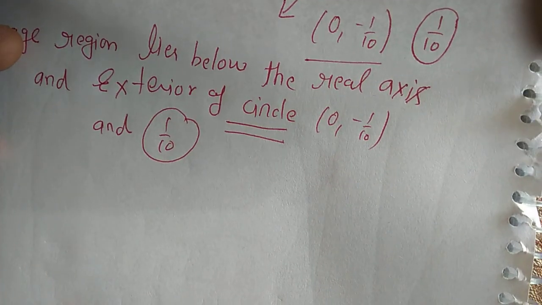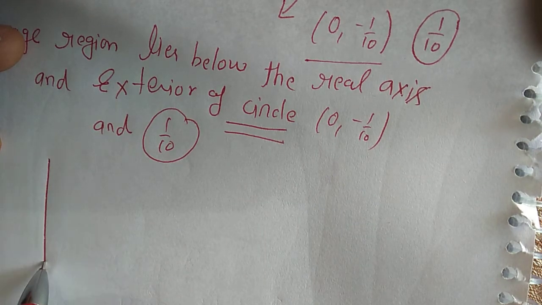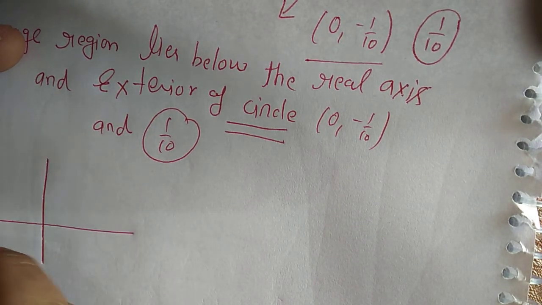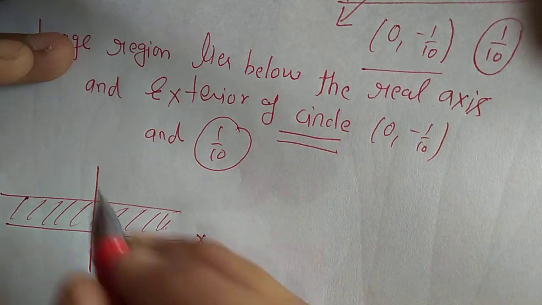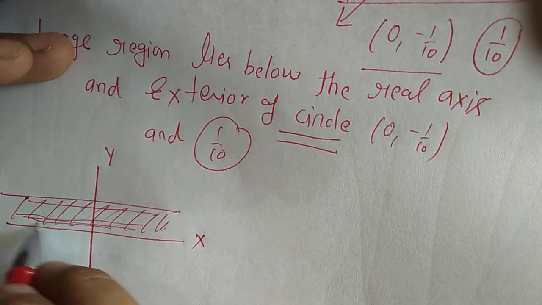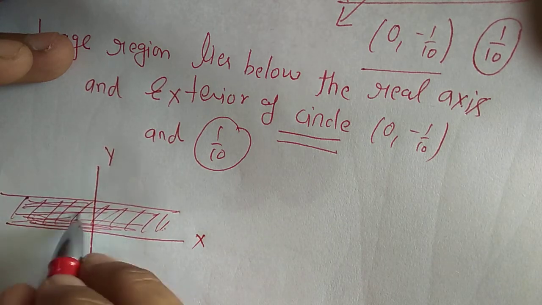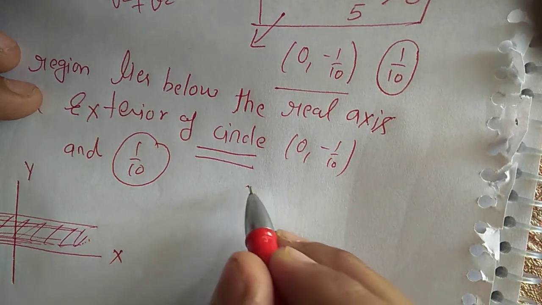If you draw both curves, the domain curve is the infinite strip, so y varies from 0 to 5. This is your x, this is your y, and this was the given region in the z plane.